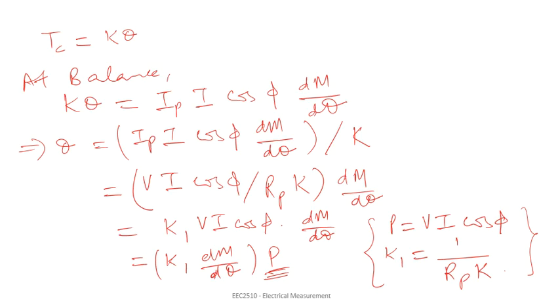Those errors are also present here, but additionally for wattmeters there are some more errors to be discussed, like the error due to the pressure coil inductance, the error due to the connections, and the error due to stray magnetic fields.